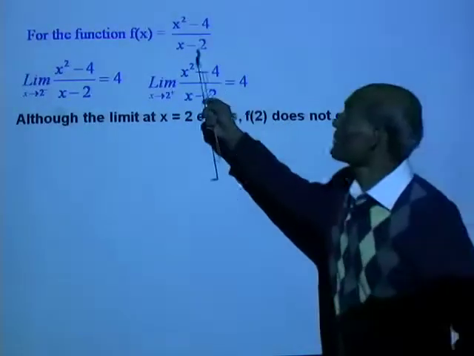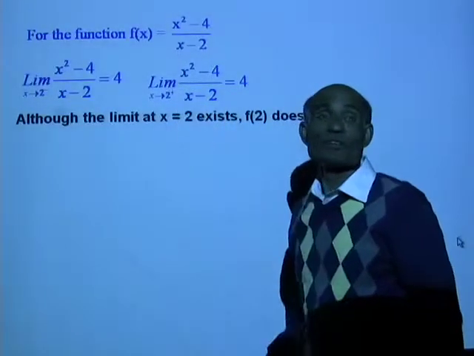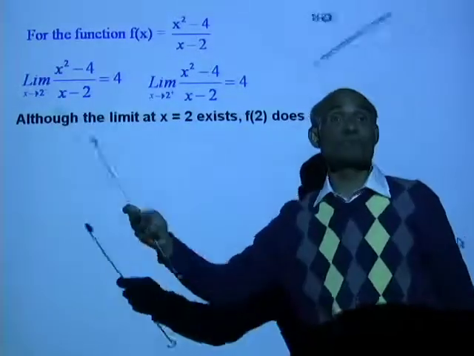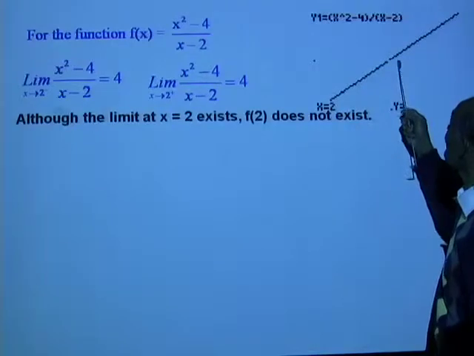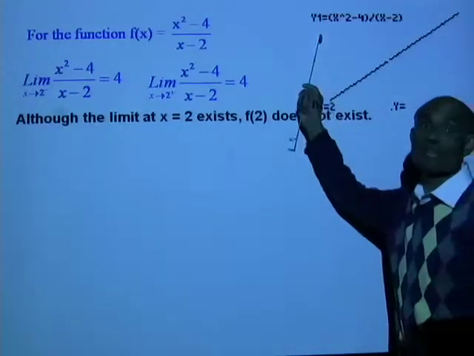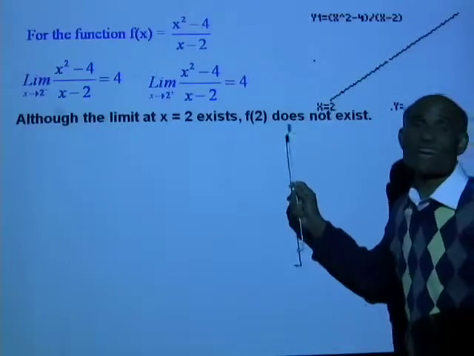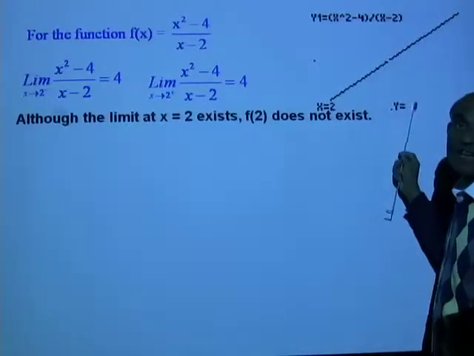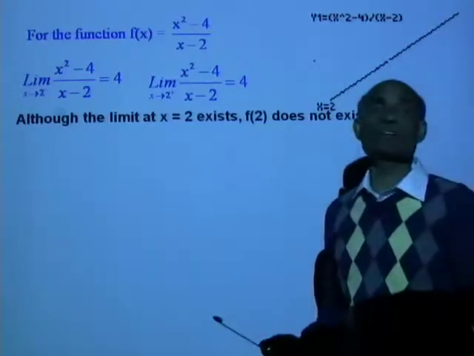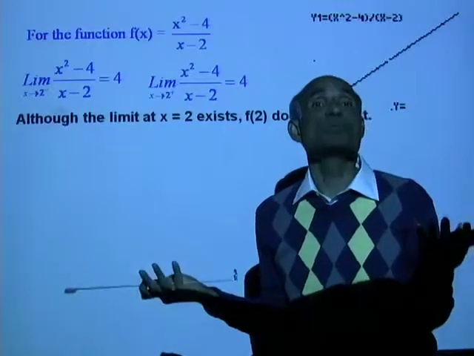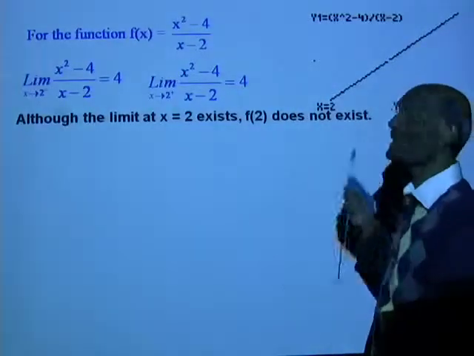If you now put x equal to 2, you can see nothing comes out. That means f of 2 does not exist. You can see there's a hole there. And if you go to a calculator and do a calculation of the function at x equal to 2, the calculator will tell you y equal to, I don't know. There is no output. f of 2 does not exist.